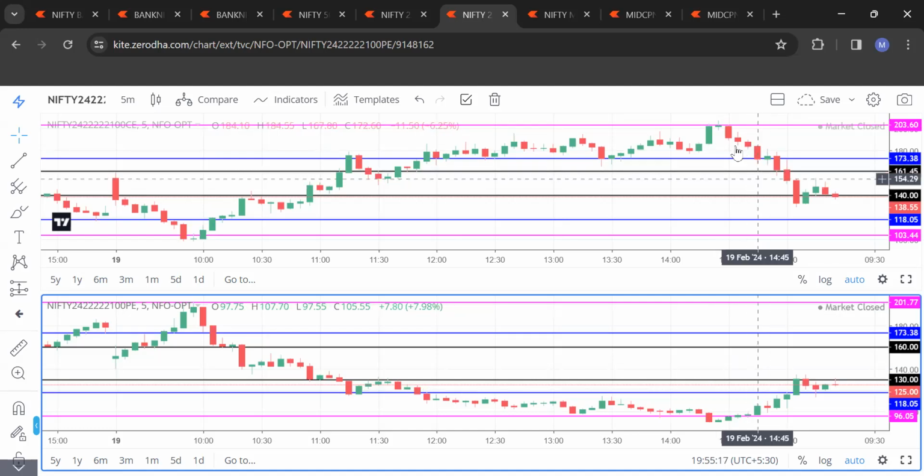While coming down, when it crossed below 173.38, however small the profit may be, it precisely broke below 173. It means the next level is 118. I don't know whether this will come to 118 or not, but wherever this closes at 105, it will definitely go to 118 at least. And it has gone up precisely at this level. So from 105 to 134, you get 30 points, almost more than 25 points.